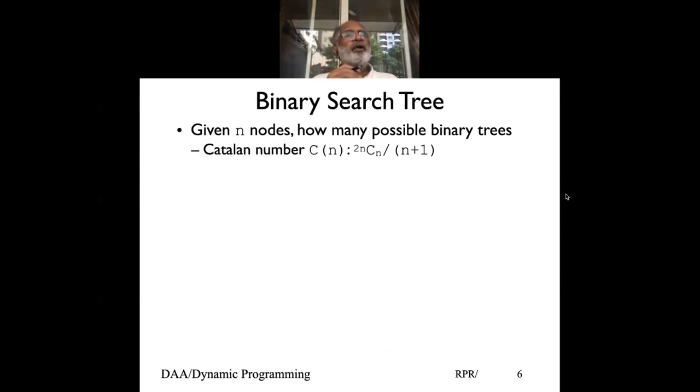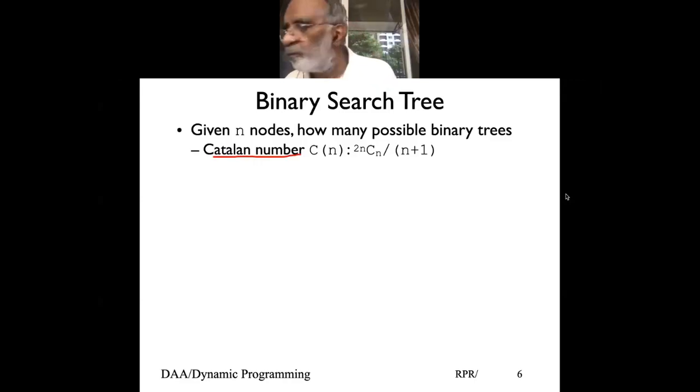For given n nodes, the number of binary search trees is given by what is called the Catalan number, which is defined as Cn equals 2n choose n divided by n plus 1. So if n is equal to 1, I get 2C1 divided by 2, which means I get only one tree.